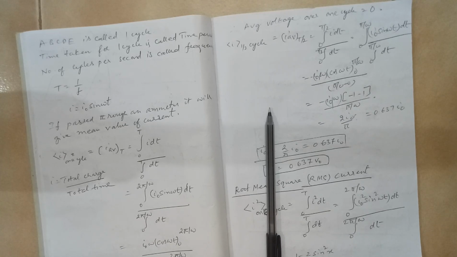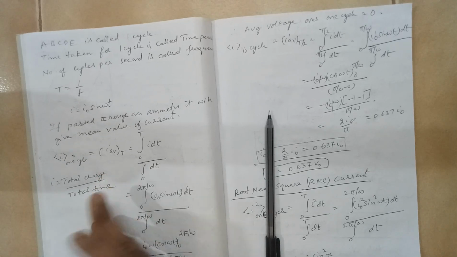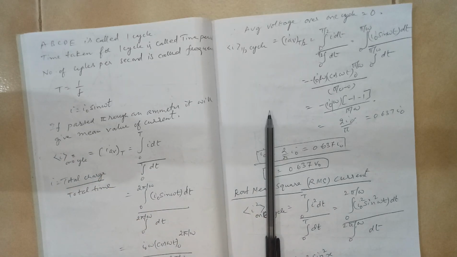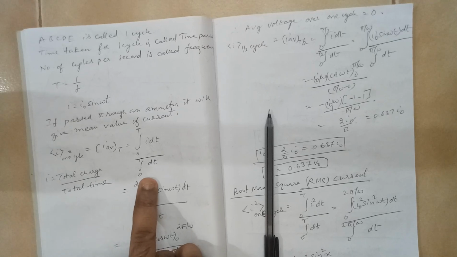What you will do, you will take the total marks and you divide by the total number of students. So here also you want to find the total current. What is the basic definition of current? It is the total charge divided by total time taken. So you will find the total charge and you divide by the total time.